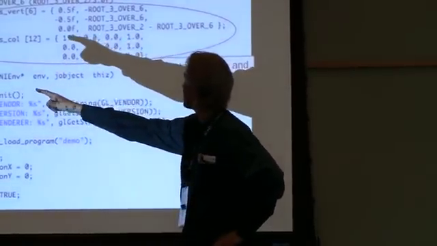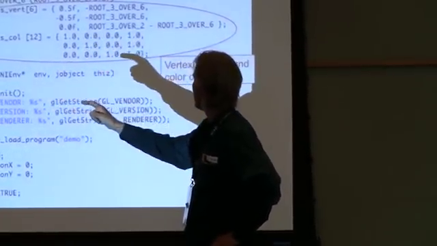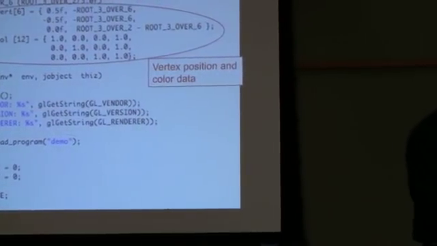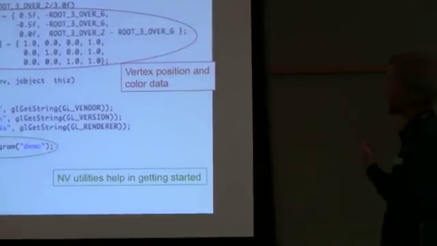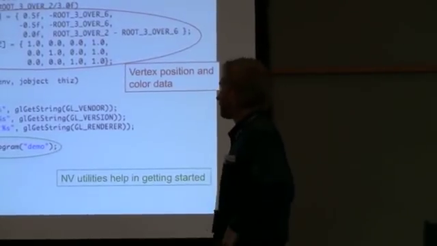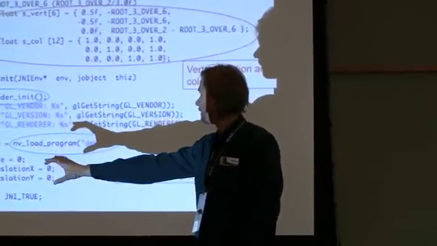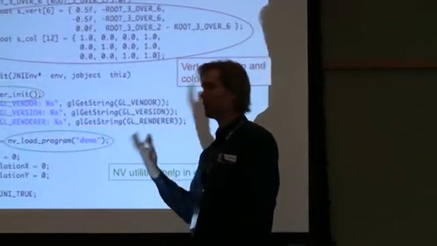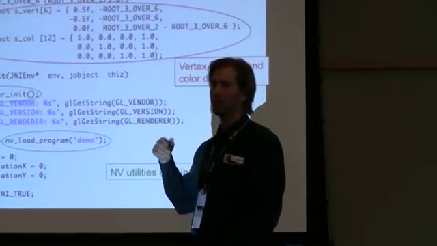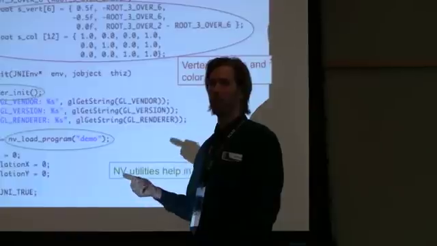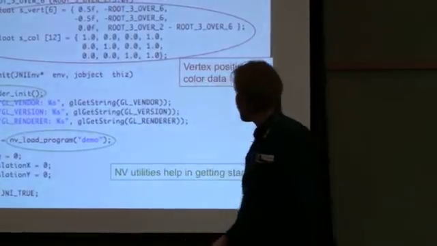The first vertex is red, green and blue. We use a couple of these utility class methods from NVIDIA to initialize shaders, and then to load the program, load, set up and compile the shaders that we have, the demo.vert and demo.frag.